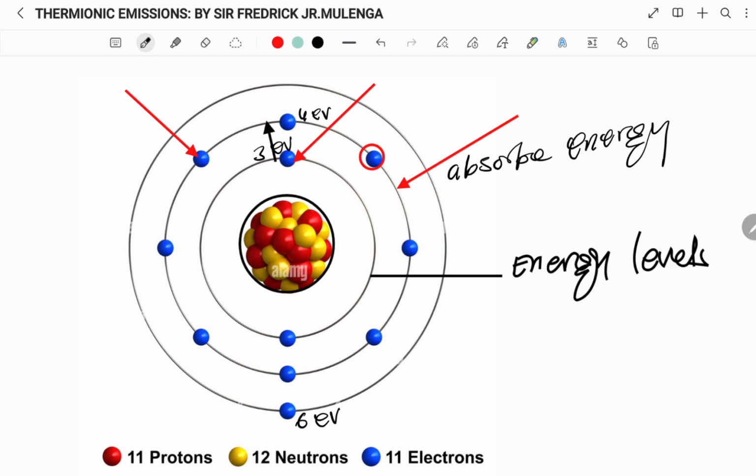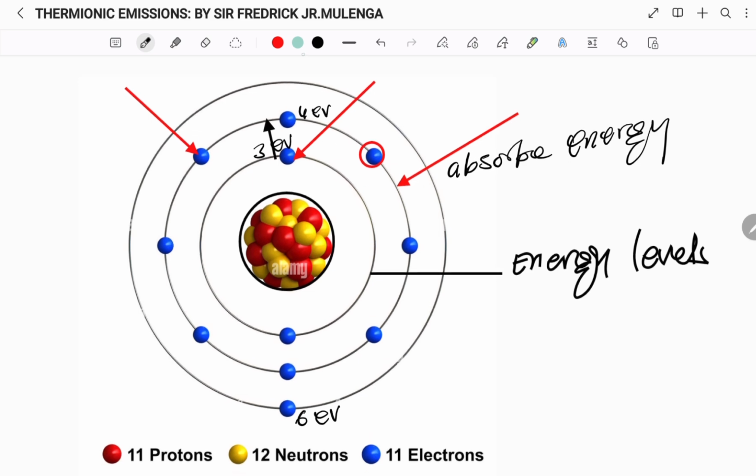Now at one point, these electrons will move away from the nucleus, or they will be very far away from the nucleus, such that the force that exists between electrons and protons can no longer pull them back, and they will be lost.